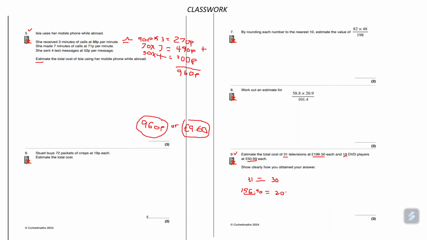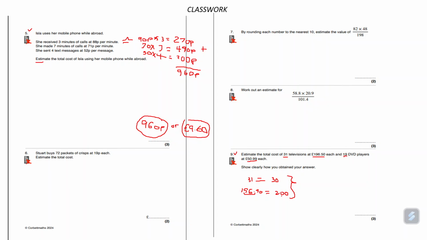As usual, if you want to understand the clear picture of what we say, you can look at the previous slide. I've taken my time to talk about rounding to the nearest 10 and to the nearest 100. Now you can go into your mathematical manipulation here. You said estimate the total cost of 31 television at this amount each.